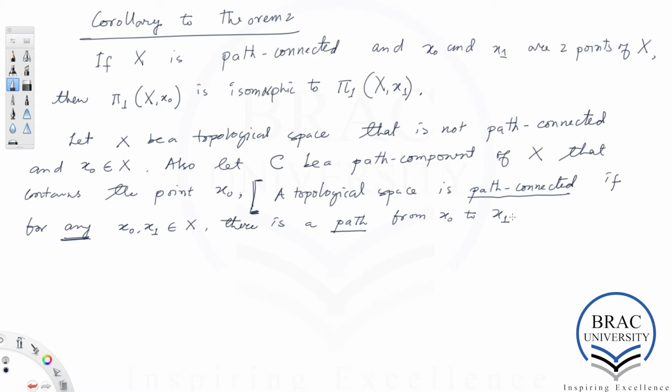Okay, then you say that the topological space is path connected. So an important fact to follow: if the topological space is path connected, then it's automatically connected.